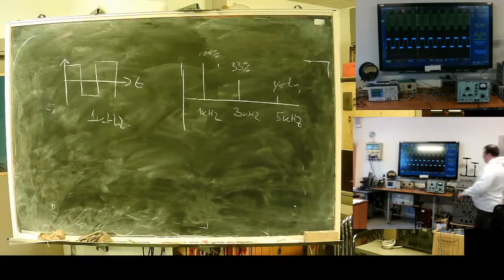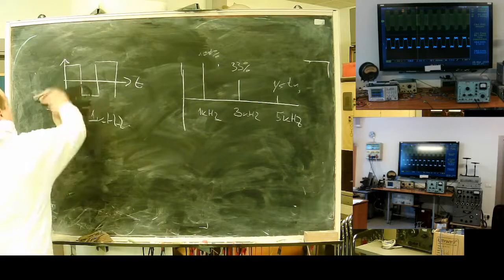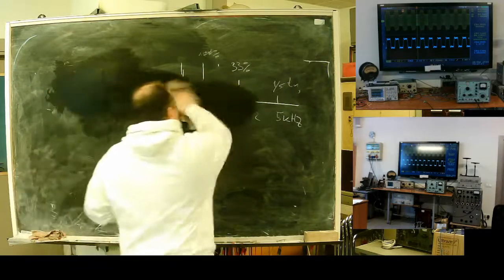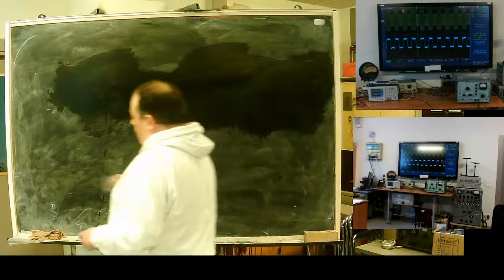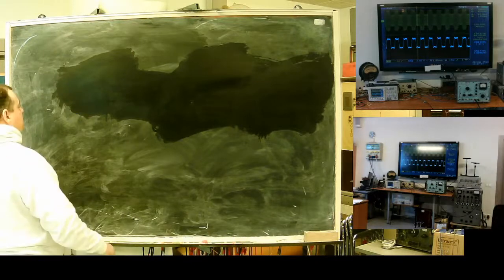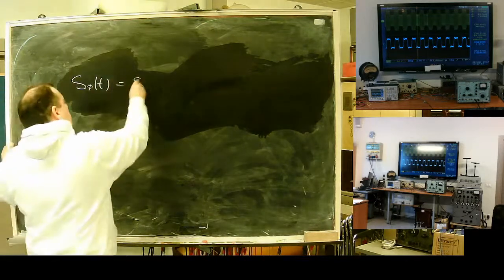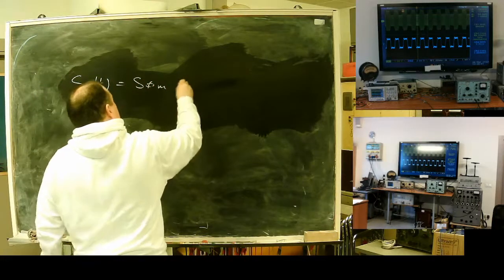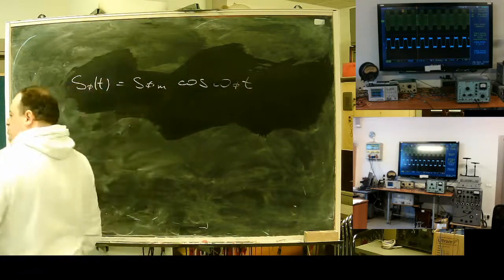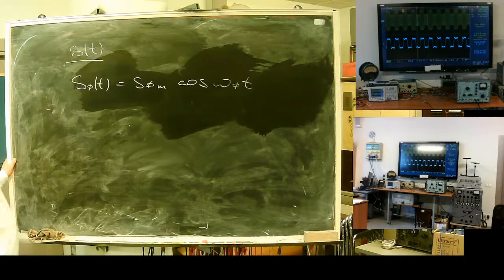What's the idea in this box? I can use a signal to transfer another signal. Let's say I have S0 being S0 max cosine omega 0. I can use it as a carrier, and I want to transfer a signal from time.